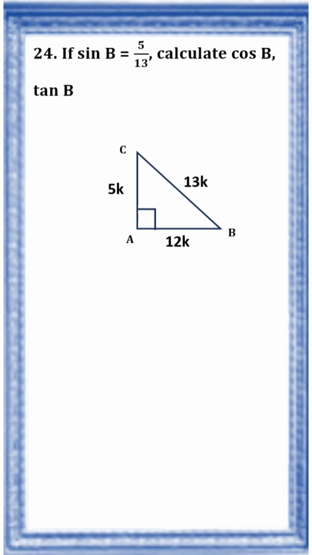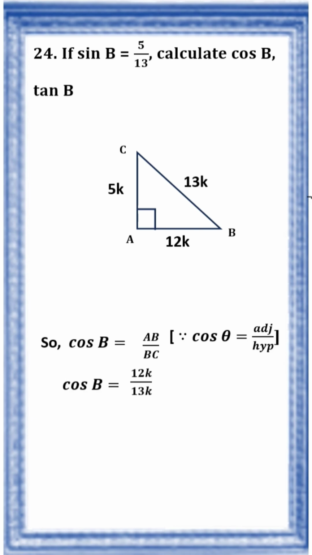Now let us calculate cos B. Cos B is equal to AB by BC, since cos theta is equal to adjacent by hypotenuse. Here AB is 12K, BC is 13K, where K is the proportionality constant, that is equal to 12 by 13. So cos B is equal to 12 by 13.